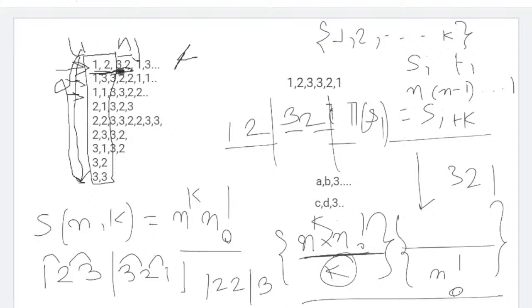Here, first I choose 3 because 3 is the greatest I can do. Then I move on to the next step. In the next step, I cannot choose 3 because 1, 2, 3, 3 will not be equiperiodic. So I choose the next greatest number that I can, which is 2. Then I move on to the next one, and here I cannot choose 2 or 3, so I have to choose 1. And I go on and so on.